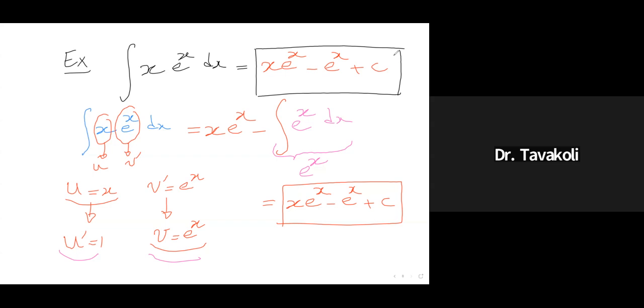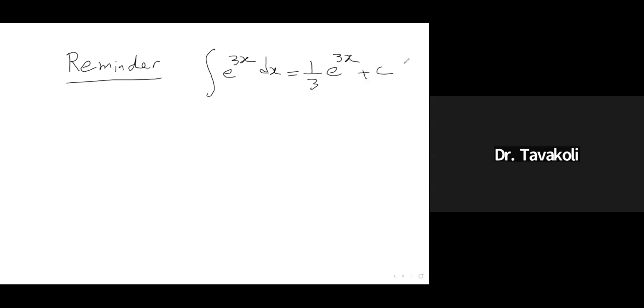Before seeing the next example, let me remind you of something from substitutions that will be needed. If we had the integral of e to the power of a constant times x, like e to the power of 3x, as you might remember, by using substitution this is going to be 1/3 e to the power of 3x plus c. Nothing special about 3. It could have been any other constant, except 0.